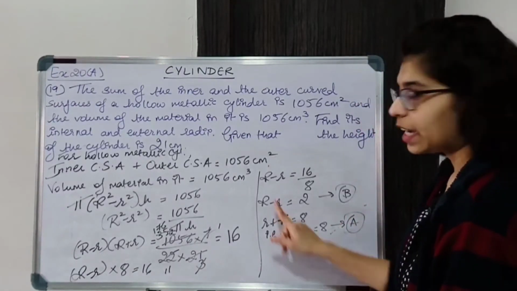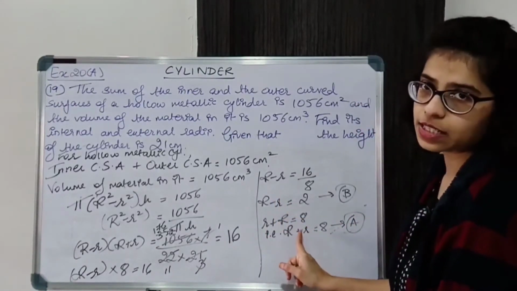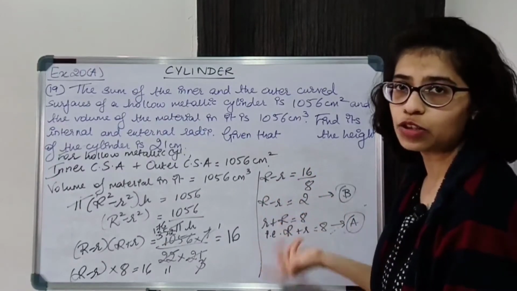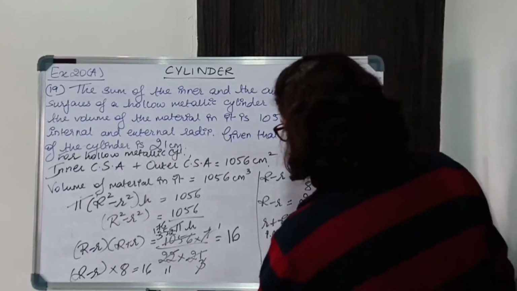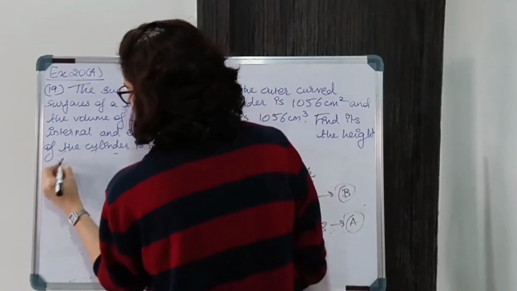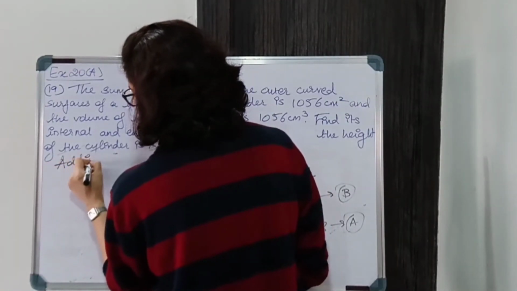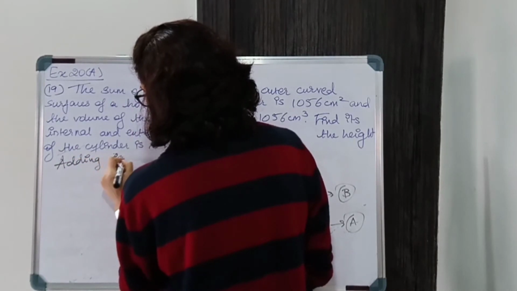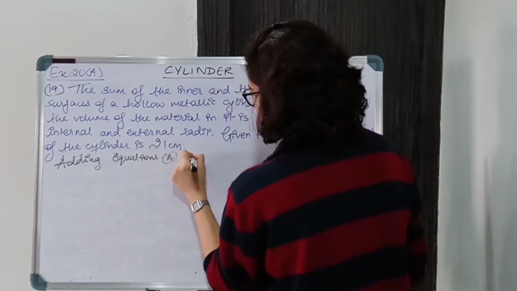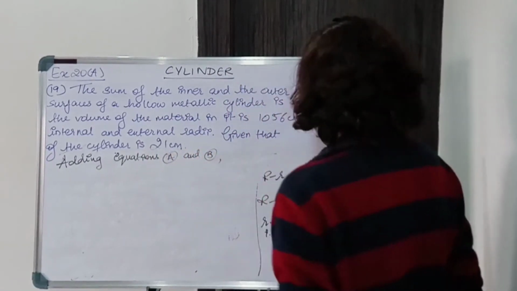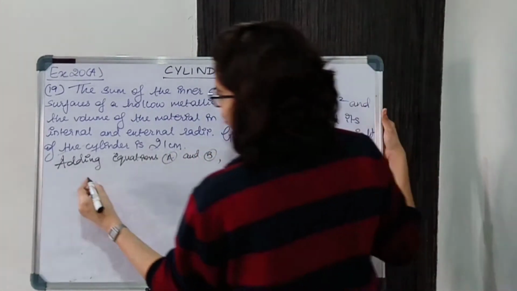Now if I add these two, I solve these, okay, I can easily get value of capital R and small r. So we'll solve these two equations. Adding equations A and B. What do we get?